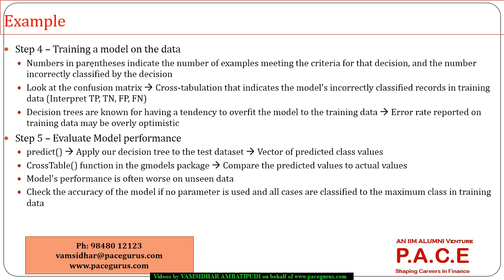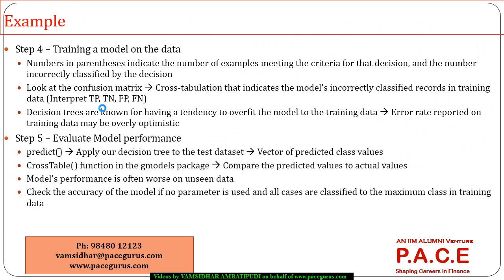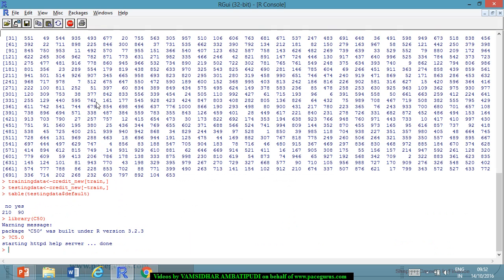Then a few more steps. Now let's go to that level, right? That's a better way, so that we'll get started. I have training data and testing data, so let me go back. Let me start model 1, where I'll use the C5.0 algorithm.